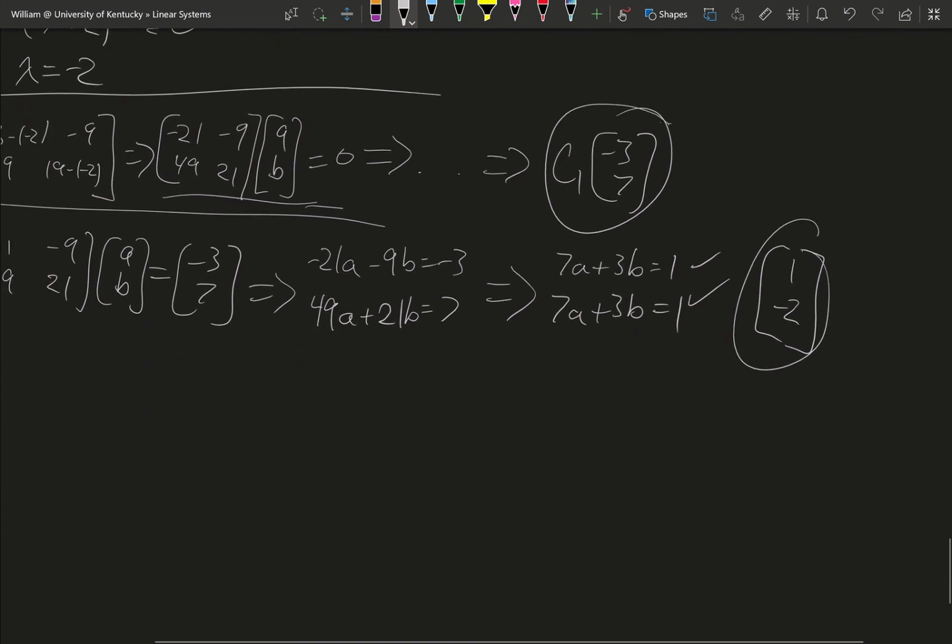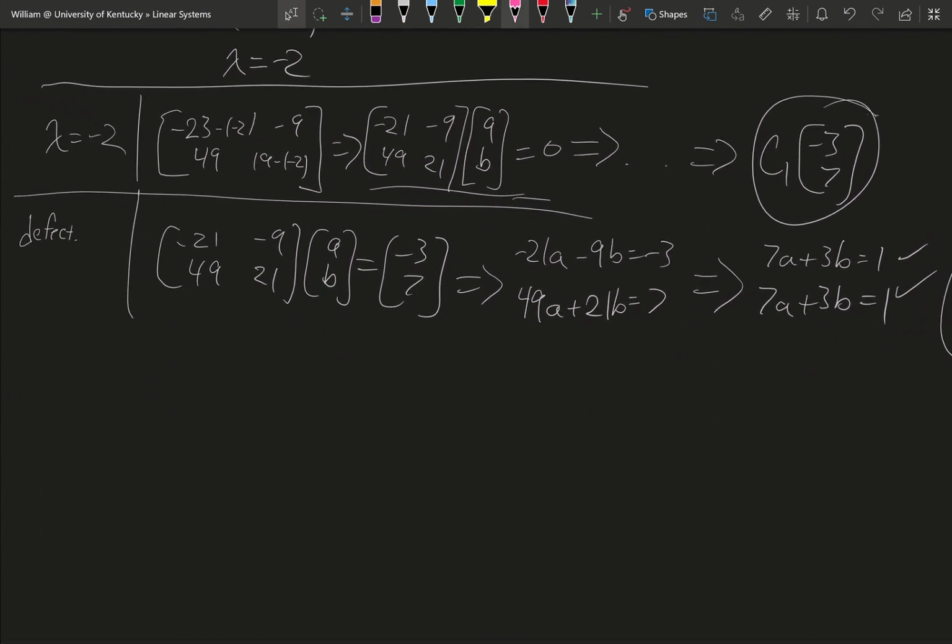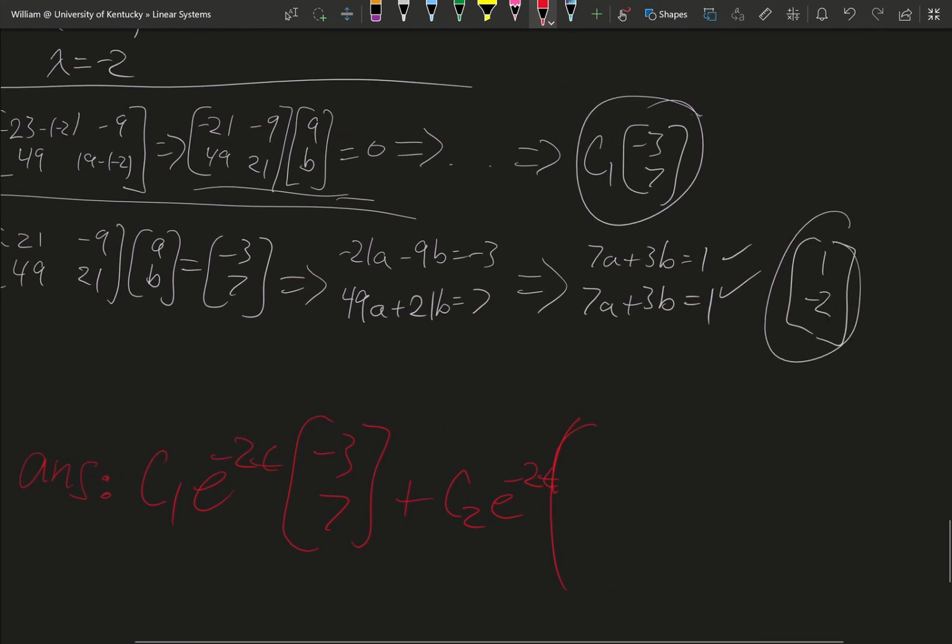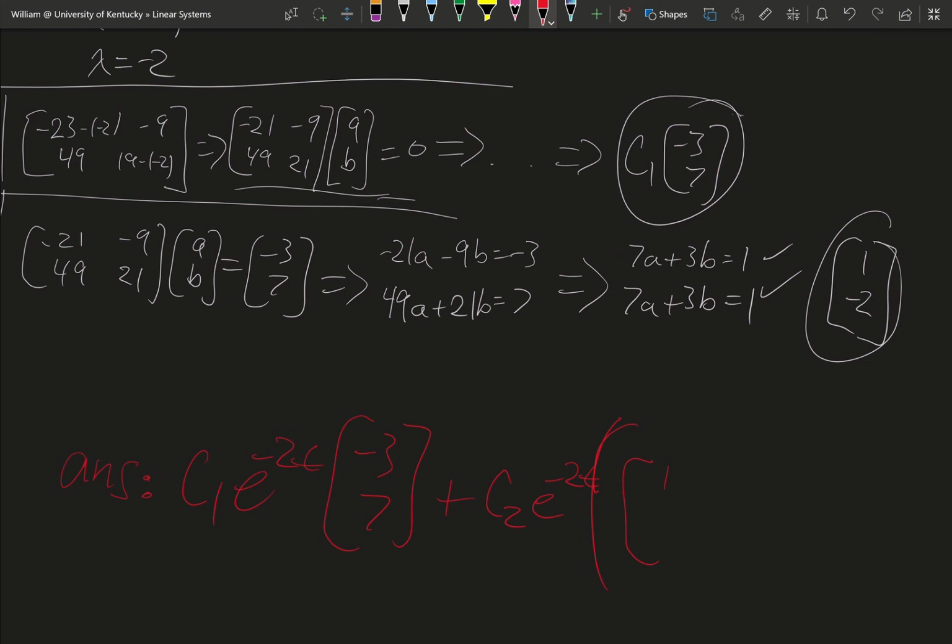All right, so now we'll just go ahead and write down our answer. So e to the negative 2t times c1 times negative 3, 7, plus c2 e to the negative 2t. Then we have our generalized eigenvector plus t times our eigenvector.